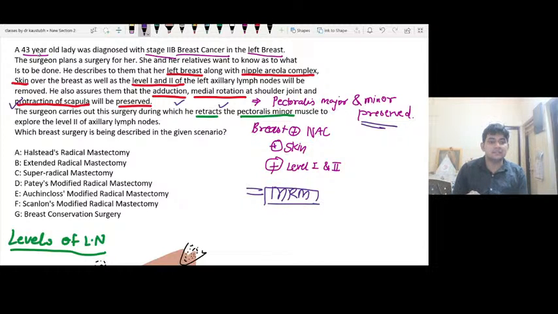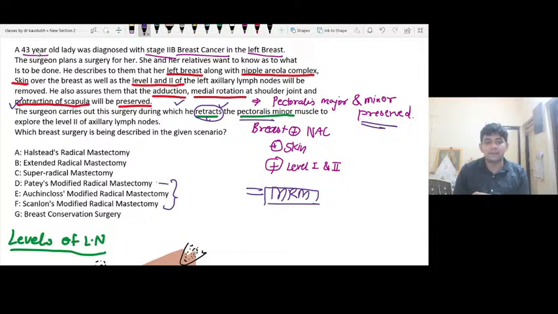But if you see in the options, I have all three types: Patey, Auchincloss and Scanlon's. Now the task is about the last line. Whenever a big question is there, just read the last line. The last line says that the surgeon carries out this surgery during which he retracts pectoralis minor.